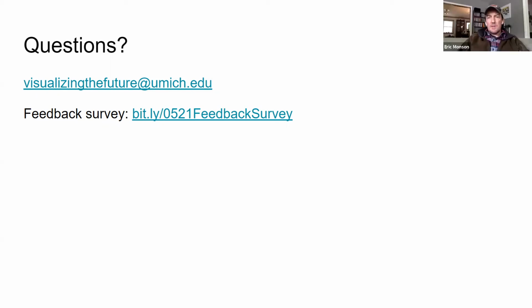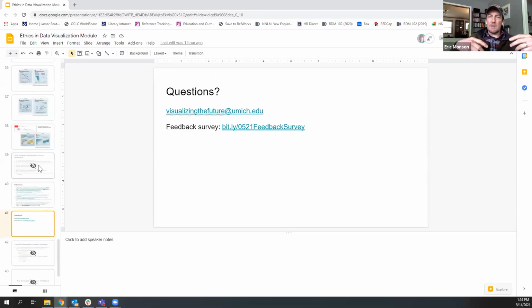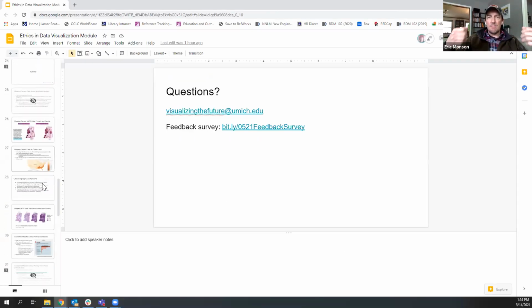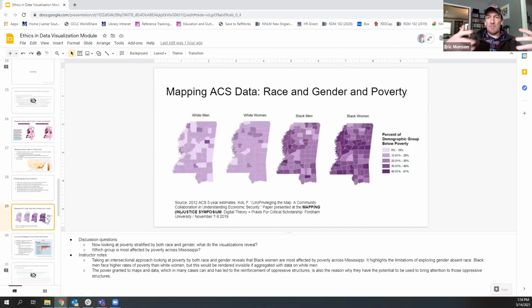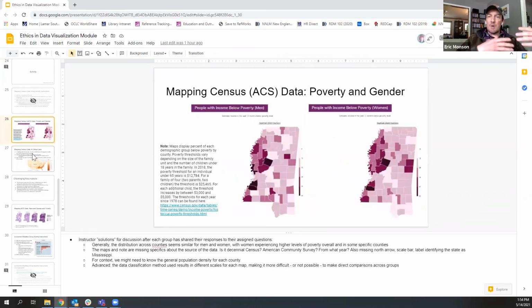I was curious about the first activity with the maps. What's the intention to get feedback on? As I was looking at the questions, it seemed more about answering information questions about poverty. And of course, with what you're talking about with ethics and what you go into later, it's bringing out problematic aspects of the representation itself and what data is being shown.